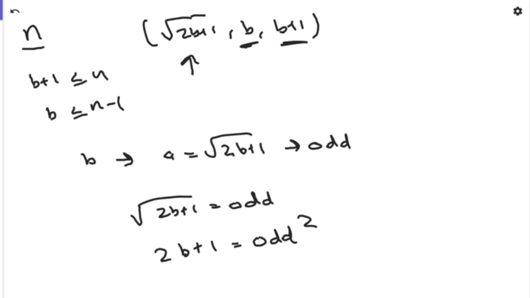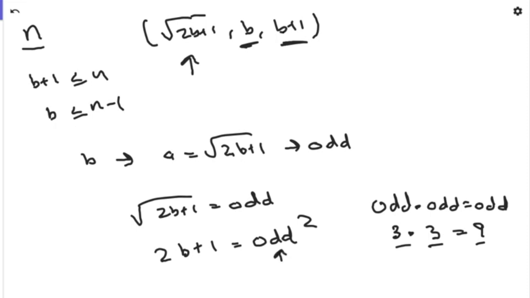Now, what do we know about an odd number squared? We know that an odd number times an odd number results in an odd number. For example, 3 times 3 results in 9, which is all three of these are odd. So we know that this odd number squared is going to be odd. What happens when we subtract 1? We know that an odd number minus an odd number is even, right?